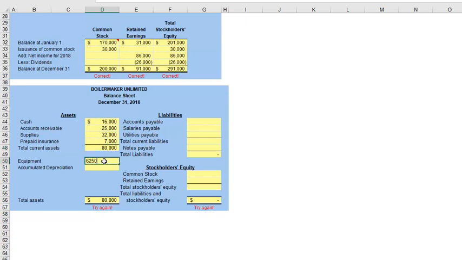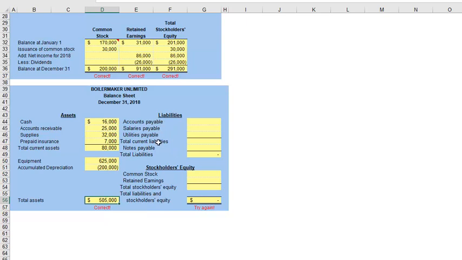We have $625,000 of equipment, and its related accumulated depreciation of 200,000. These numbers added together, the 80,000 plus the 425,000 here of our net book value for equipment is 505,000.